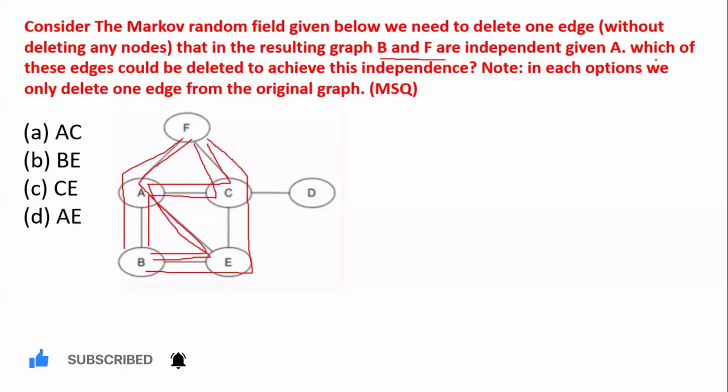Now, in the question, it is said which of these edges, that means these are the edges, that means B to E, the connected line is the edge, could be deleted to achieve this independence.